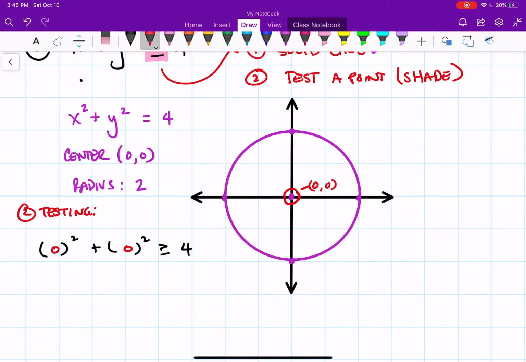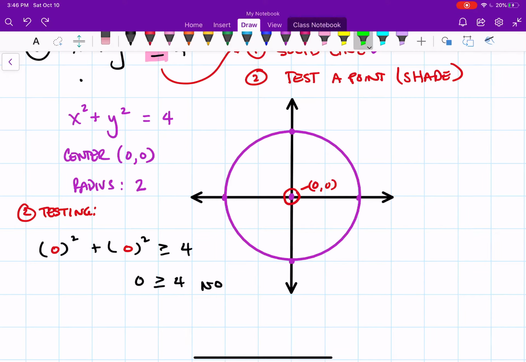So in other words, is 0 greater than or equal to 4? And the answer is no. Okay? So if it's no, that means the shading is going to be on the outside. Since 0, 0 is on the inside, and that's not it, that means the right answers must be on the outside. So now it's shade on the outside.